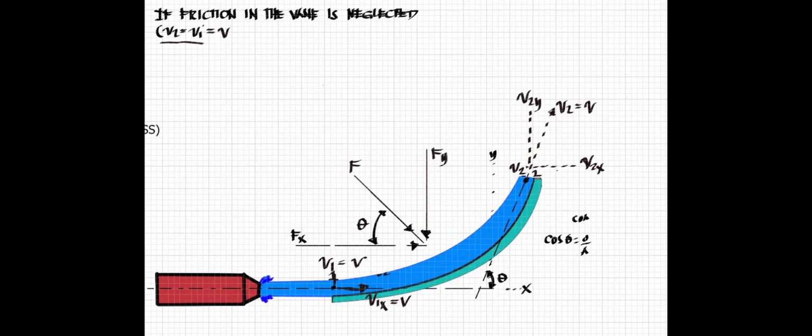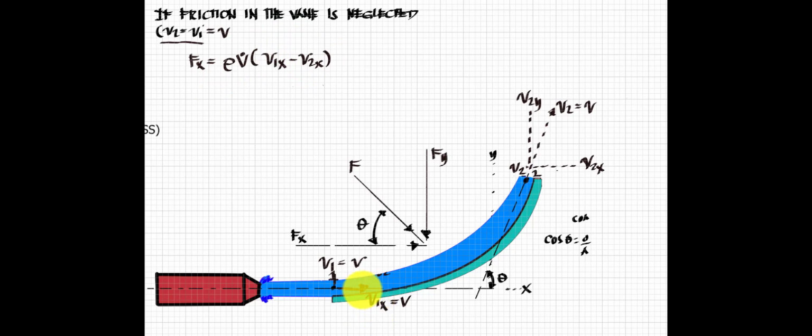So from our previous equations for the force reaction along the x-axis, we have F of x equal to the density, then the volume flow rate, multiplied by the change in velocity: velocity 1 at the x component, then velocity 2 at the x component also.